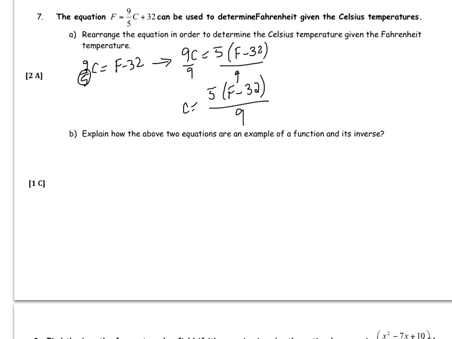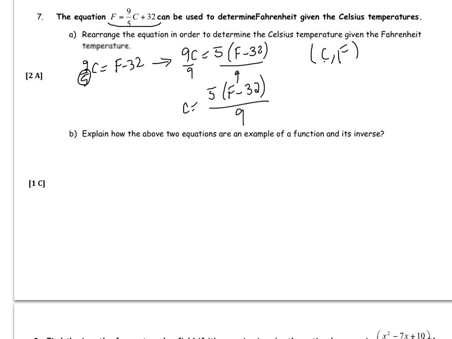Now the question is that you're supposed to explain how the above two equations are an example of a function and its inverse. Simply, we can say that with the first equation, you can get F if C is given, which is going to give you a point (C, F).